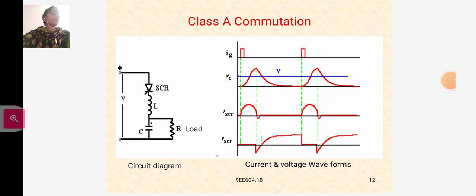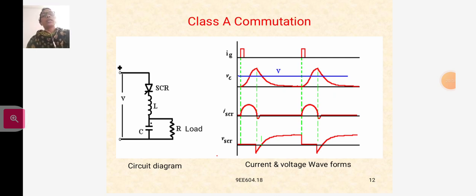From the waveforms, it is observed that the device current I rises to the maximum value and then declines to 0 at the point. Beyond the point it tends to reverse and hence the thyristor is turned off.